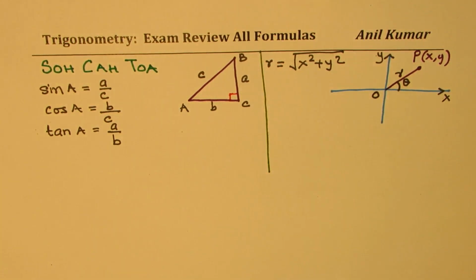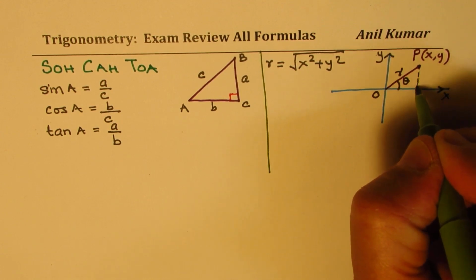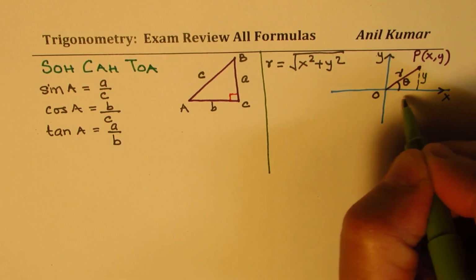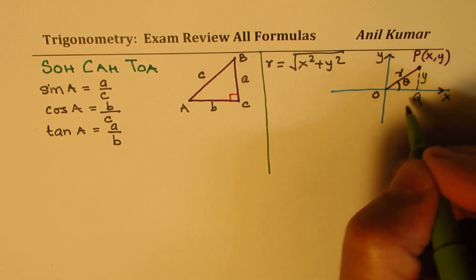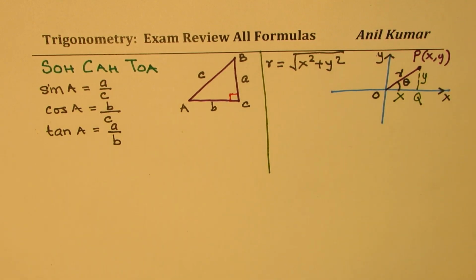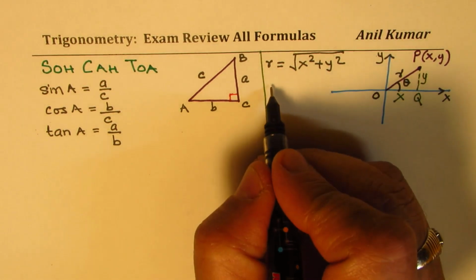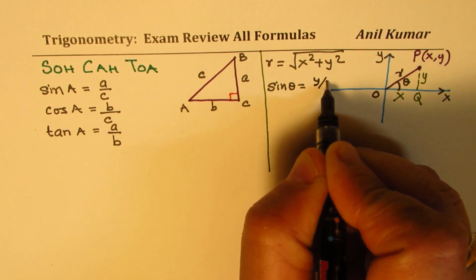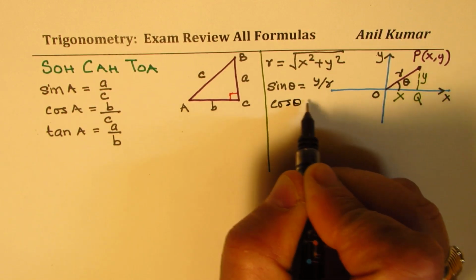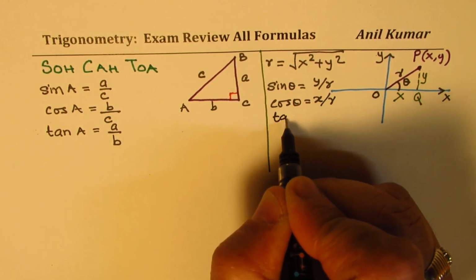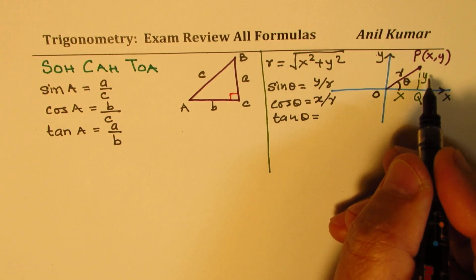Simple Pythagorean theorem. If you drop a perpendicular from here, then this height will be y, and let's say this point is Q, that distance OQ is going to be x, correct? So now we can write sine theta as equal to y over r, cosine theta as equal to the adjacent side x over r, and tan theta as equal to y over x.